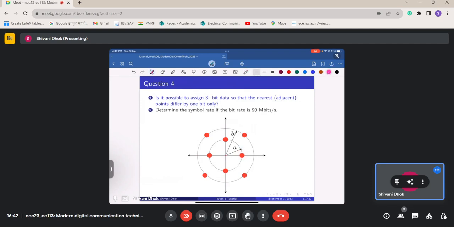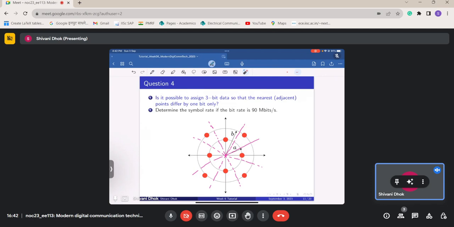If I construct it something like this, decision region for this point, if I construct it something like this, then for this point is something like this, then it's like this one, this one, and this one. So now each constellation point has its own decision region.